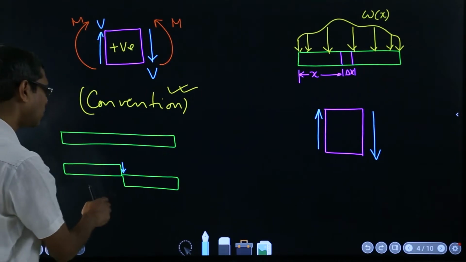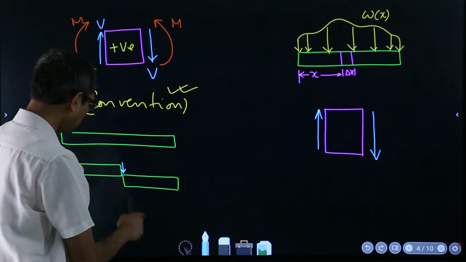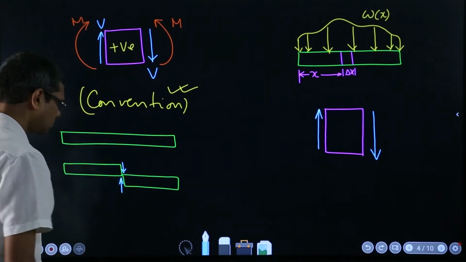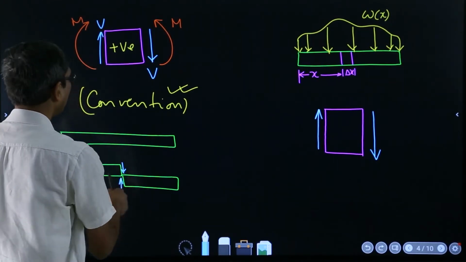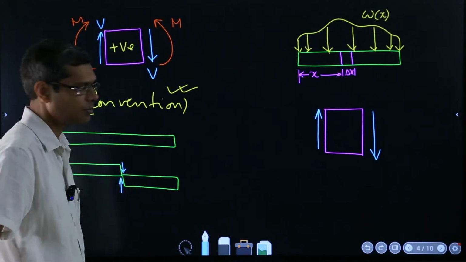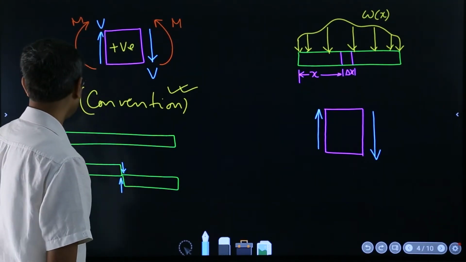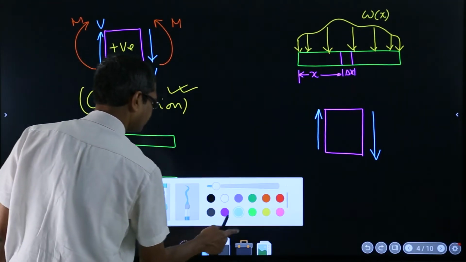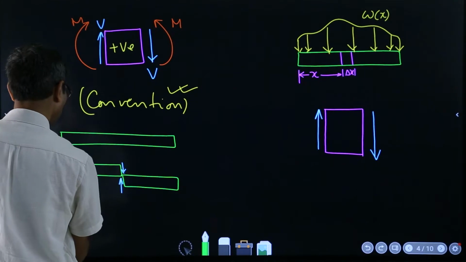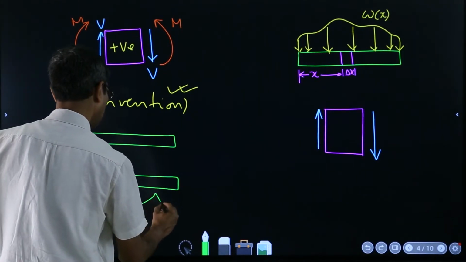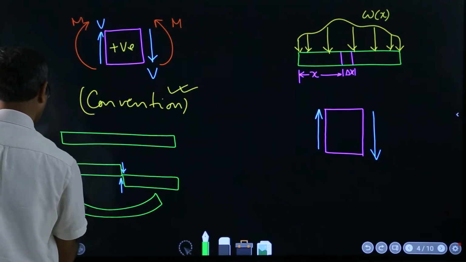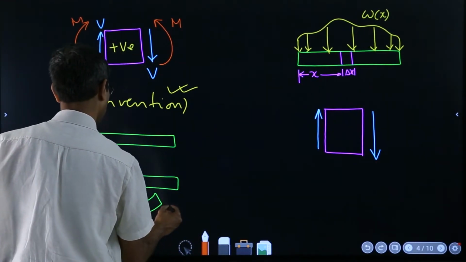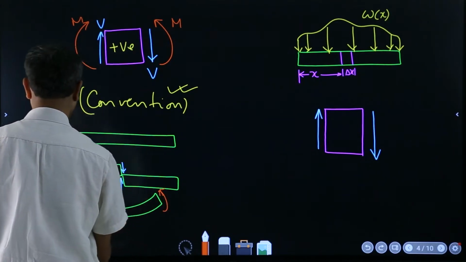And similarly, from the perspective of the right side portion, the left one is applying a force like this. These are the forces which have been taken as positive. Similarly, for the moments, the moment which turns the beam like this, concave upward, is considered positive. So that's the whole thing.